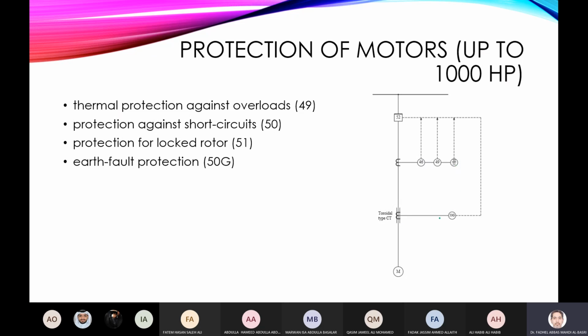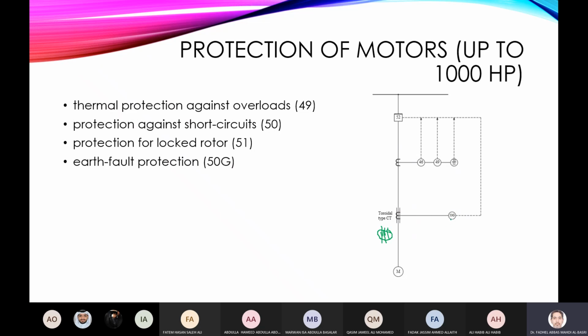And we have ground fault protection, which is connected to a CT. This is a core balance CT. I don't know if you remember from the CT part, with core balance CT all three phase wires pass through the core. So this is the core of the CT, the three wires pass through. This is a core balance CT, and it is used for ground fault detection.